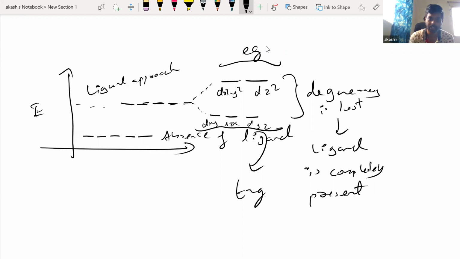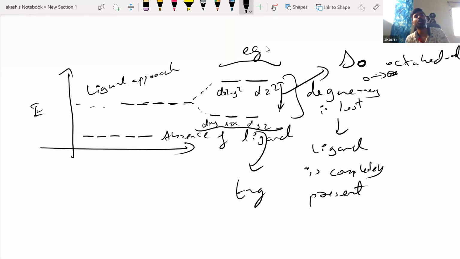Now, obviously there is an energy difference between these two sets. That energy difference is denoted by the letter del O. This O represents octahedron.